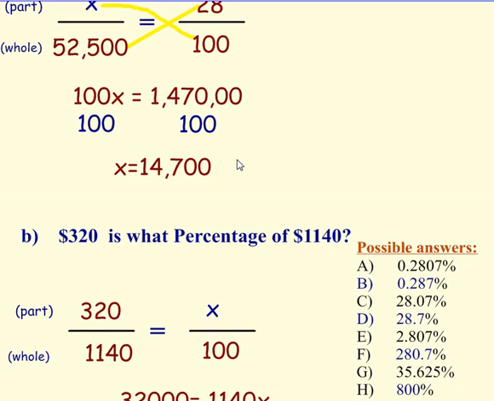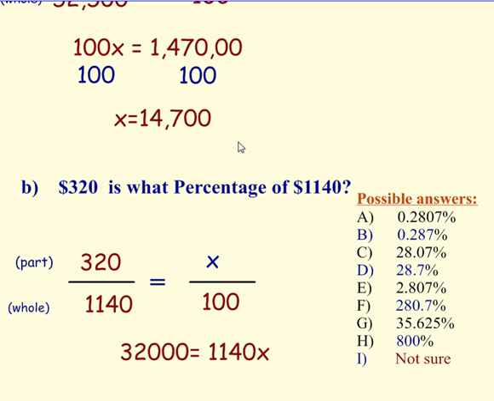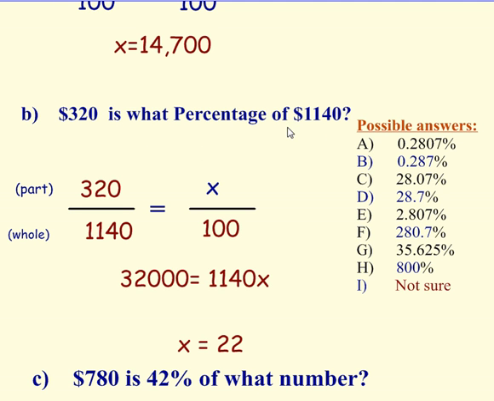The next type right here is, well, looks like I've got it set up for you. 320 is what percentage of 1140. On this one, if you notice, I'm already a step ahead of you. I've got the x over 100, and I've got the 320 over the whole amount. I did my cross multiplication already.